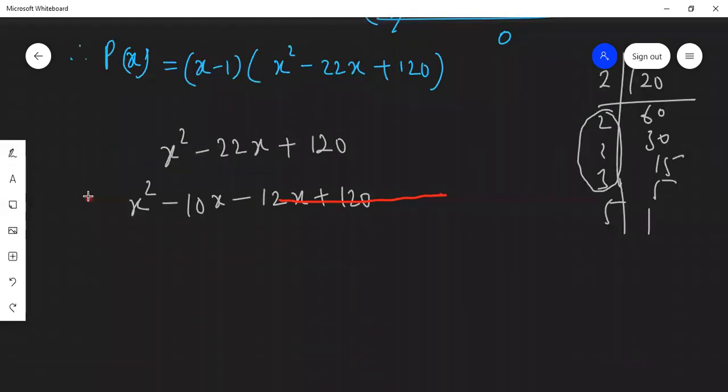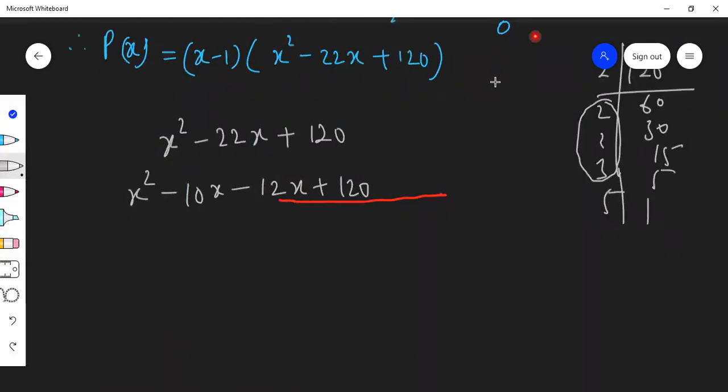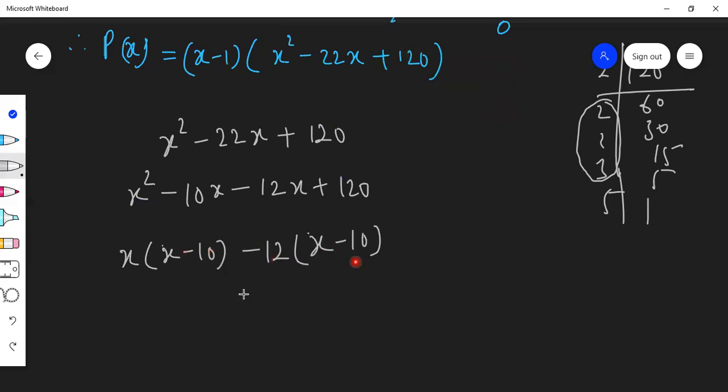Now take common. What do you see? You see x is common, so here you have x minus 10, minus 12 is common, again x minus 10. So the factors we are getting here are x minus 10 times x minus 12.